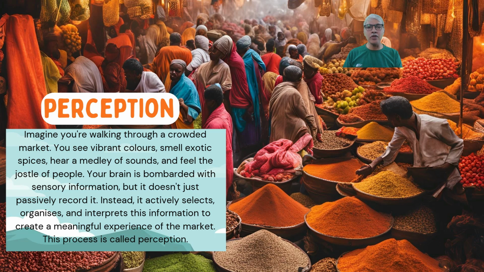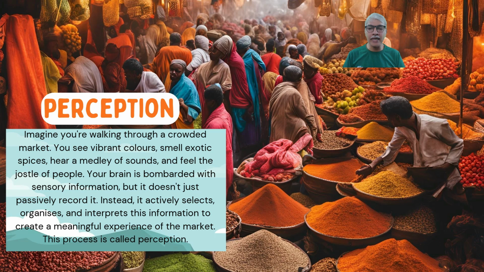Let me describe to you a little bit about how we perceive things. Imagine you're walking through a crowded market. You see vibrant colors. You smell exotic spices. You hear a medley of sounds and feel people jostling you.